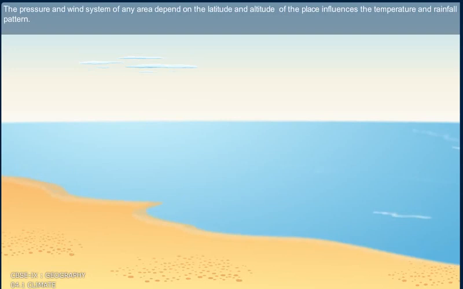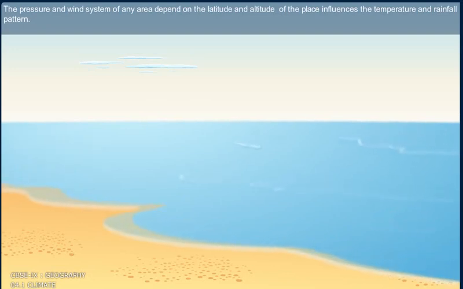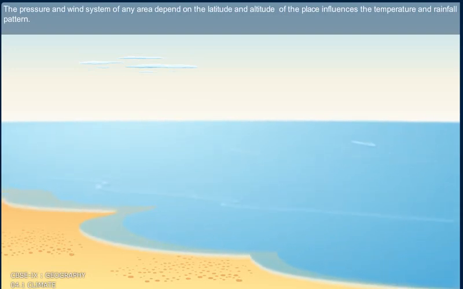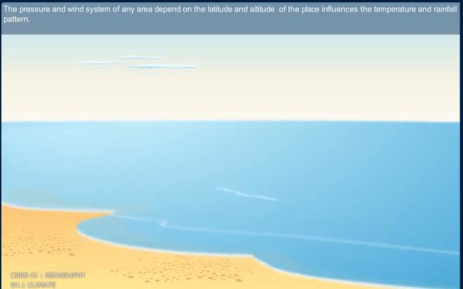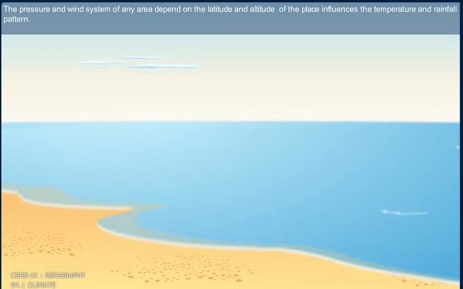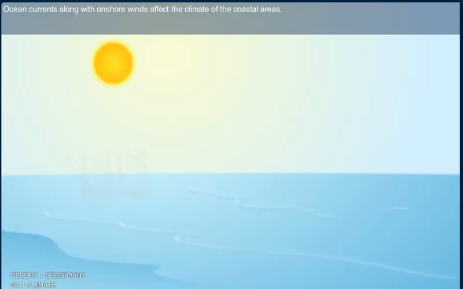The pressure and wind system of any area depends on the latitude and altitude of the place and influences the temperature and rainfall pattern. Ocean currents along with onshore winds affect the climate of the coastal areas. Relief too plays a major role in determining the climate of a place.